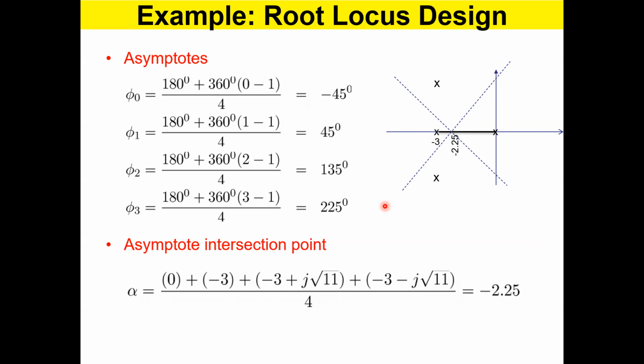That is the asymptotes. Now these asymptotes intersect at one point on the real axis, because the root locus is symmetric around the real axis.